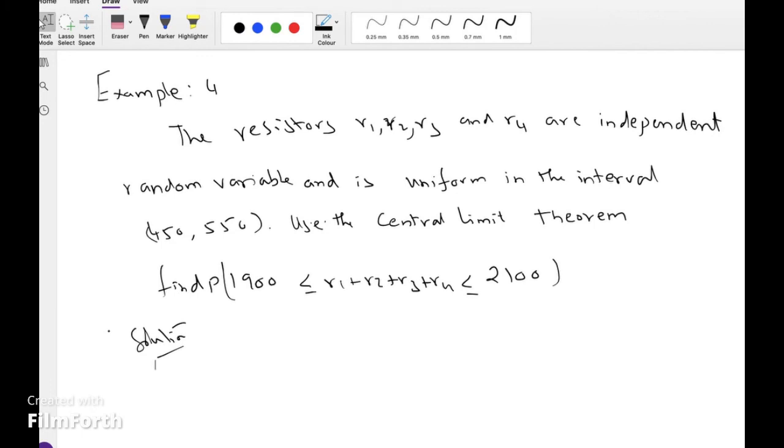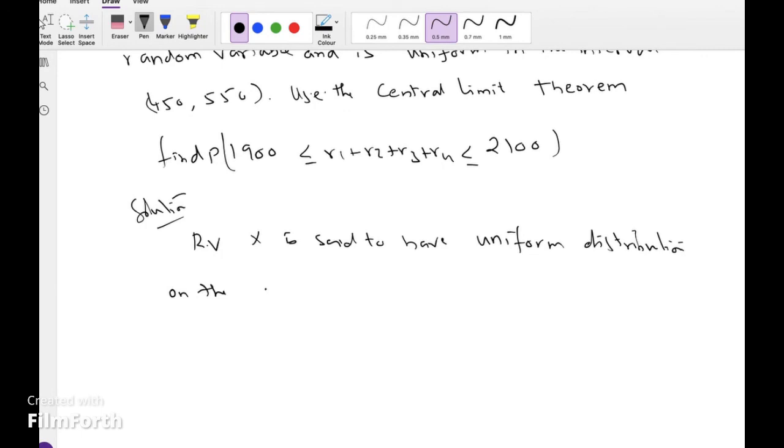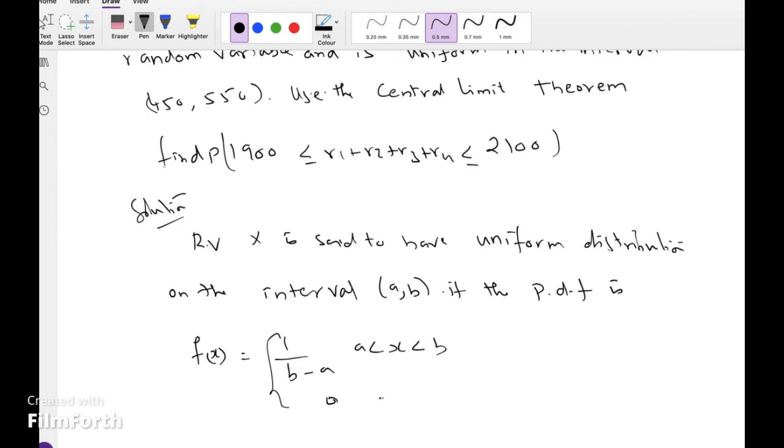Solution. Here the random variable x is said to have uniform distribution on the general interval a comma b if the probability density function is f of x equal to 1 by b minus a, where a is less than x less than b, otherwise 0 elsewhere.